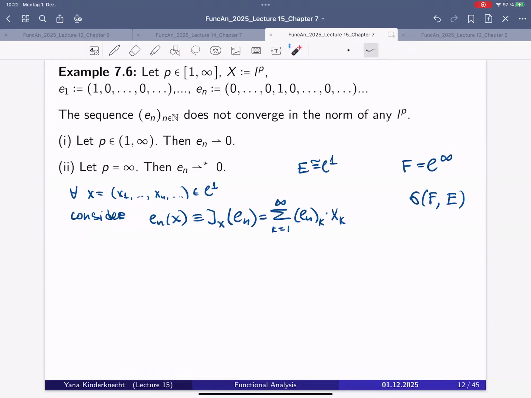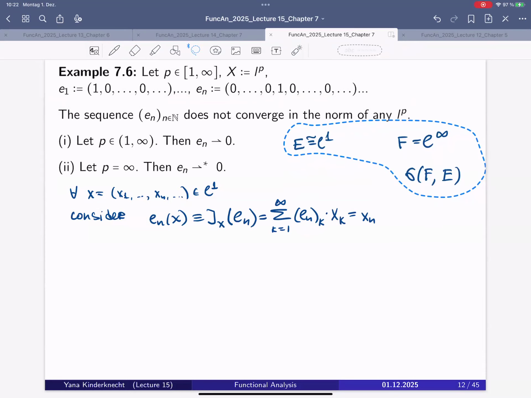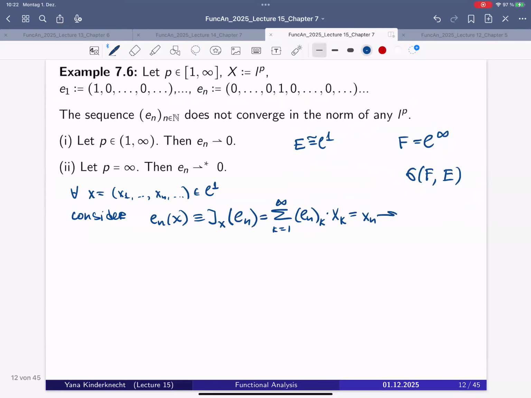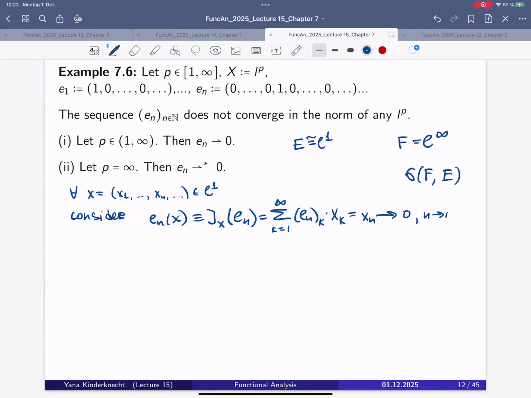And since En is like this, the sum is nothing else but xn. And this again converges to 0 as n tends to infinity, since my x belongs to L1.